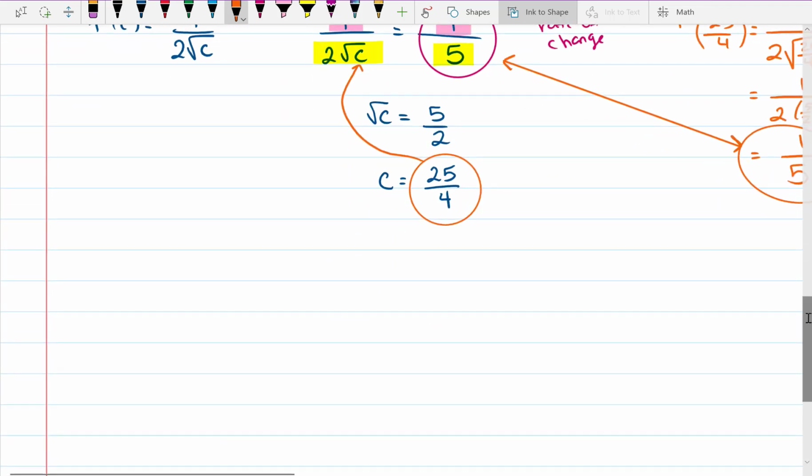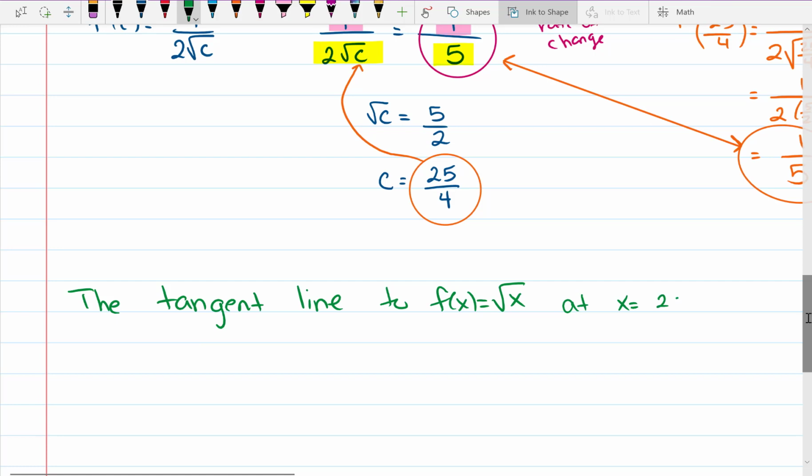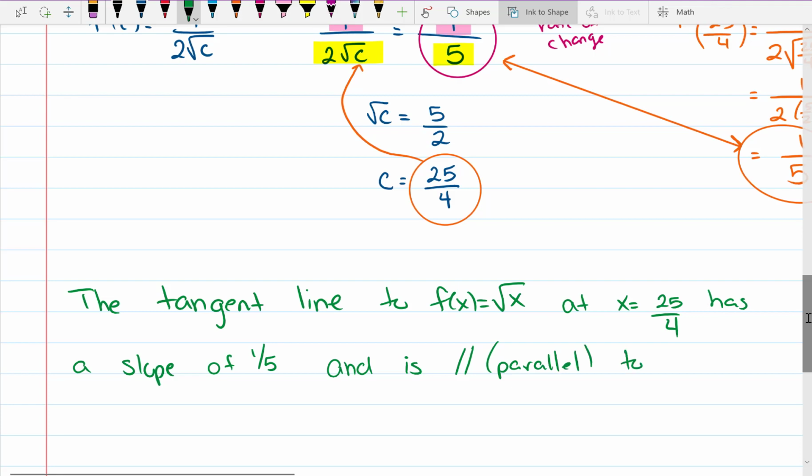So what we need to write is that the tangent line to f of x equals the square root of x at x equals 25 over 4 has a slope of 1/5 and is parallel, and that's the shorthand for parallel, to the chord joining A, which is the coordinates 4, 2, and B, which is the coordinates 9, 3.